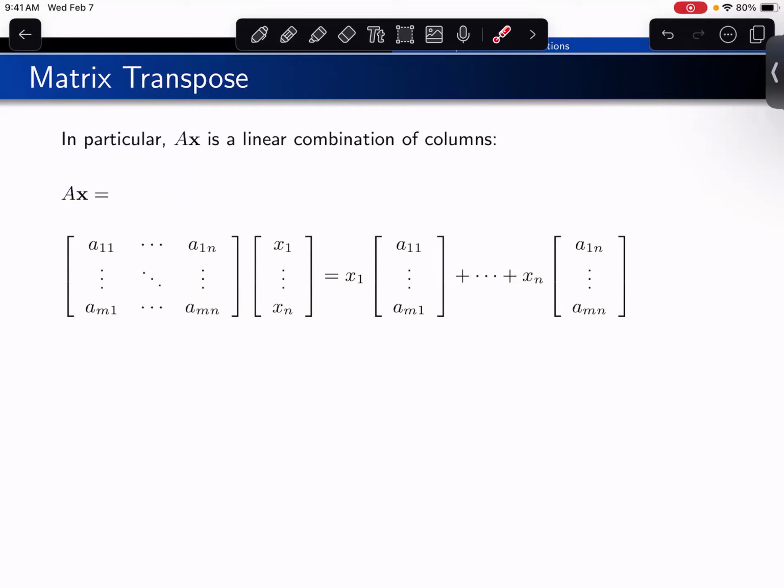What we've seen so far in this class is that if you take a matrix A and multiply it by a vector X, you can represent the product as a linear combination of the column vectors of our original matrix A, with the xi components of the vector serving as the weights of the linear combination. This is from the first week of class, from chapter 1: matrix multiplication can be viewed as a linear combination of column vectors.